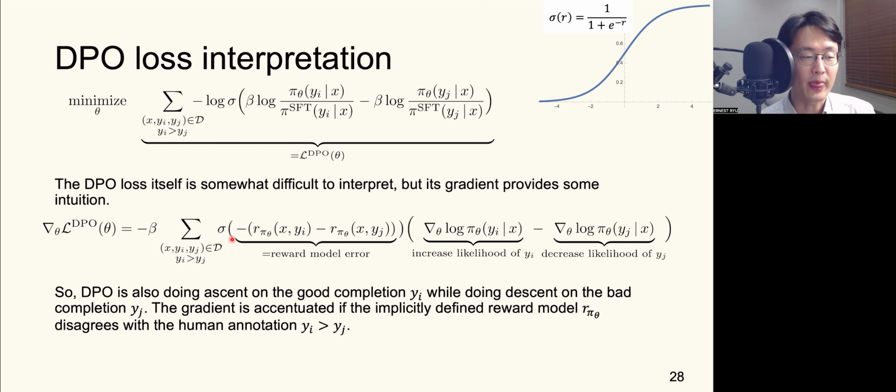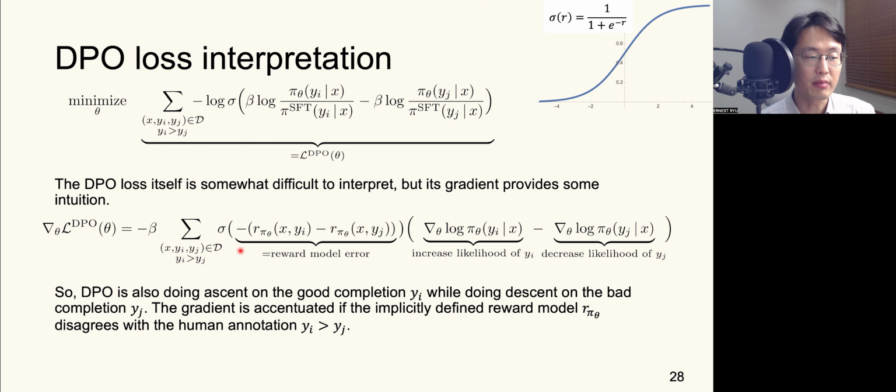On the other hand, if the reward model is incorrect, so that is, this reward on the good completion is smaller than the reward on the bad completion, then this would be negative, and when we flip the sign, it becomes positive, and the sigmoid of that becomes a larger number. So when the reward model disagrees with the human annotation, so when the reward model is wrong, then the gradient update becomes larger.